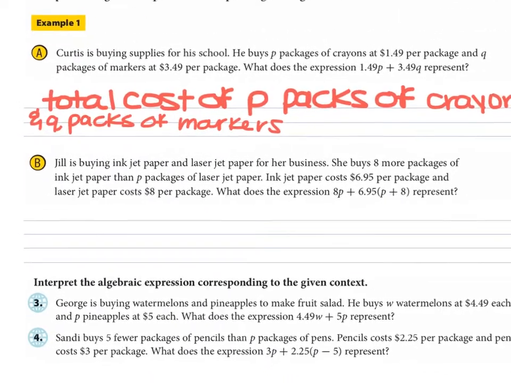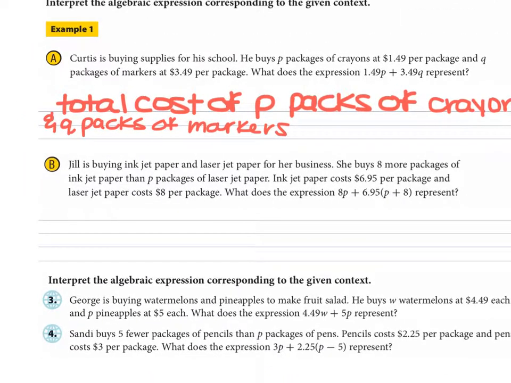For B, it tells us that Jill is buying inkjet paper and laserjet paper for her business. She buys 8 more packages of inkjet paper than P packages of laserjet paper. Inkjet paper costs $6.95 per package, and laserjet paper costs $8 per package. What does the expression 8P plus 6.95 times P plus 8 represent?